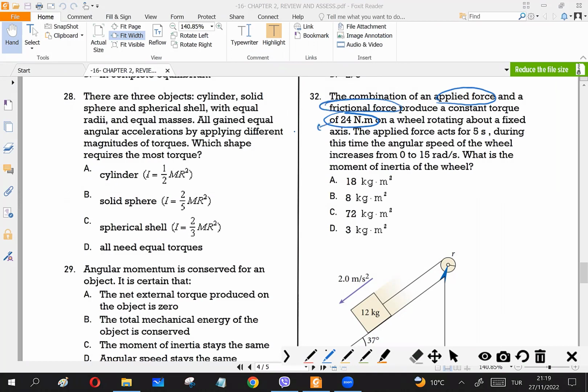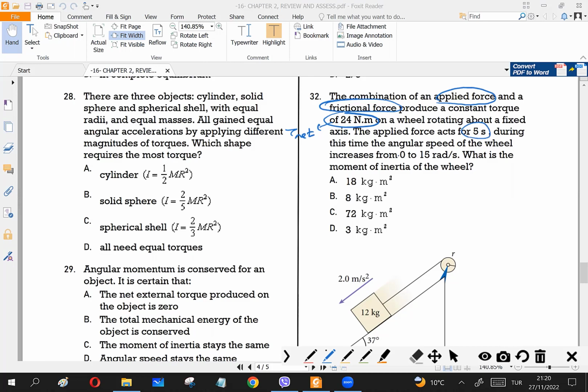Net torque, 24. The applied force acts for 5 seconds, which means the friction force cannot be removed. Friction force always exists. You cannot remove it in real life. But applied force acts for 5 seconds means this net torque, the addition of the torque of the frictional force and the torque of the applied force, acts for 5 seconds.